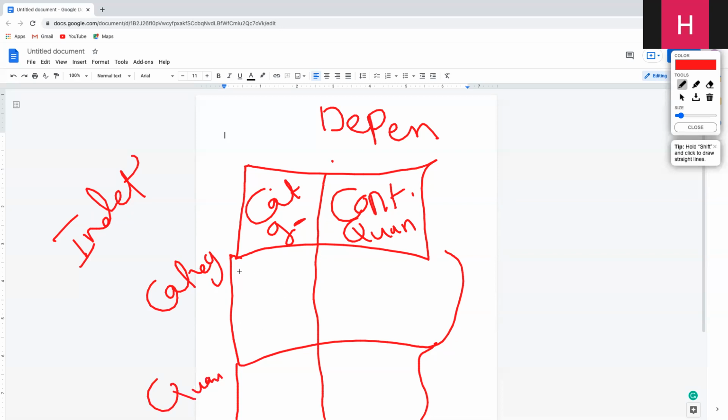Okay, so here let's focus on this one and on this one. If you're having a categorical dependent variable and a categorical independent variable, I will give you an example here. If I tell you I have group 1 and group 2 and group 3.